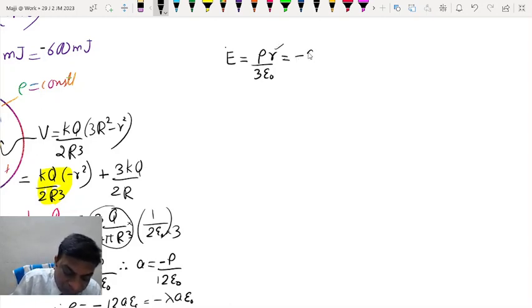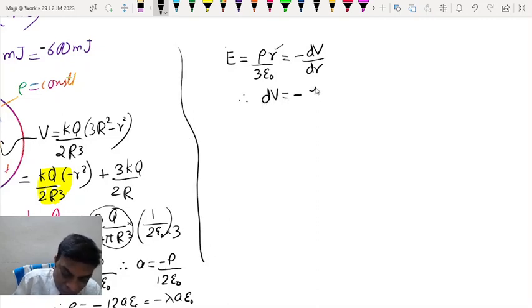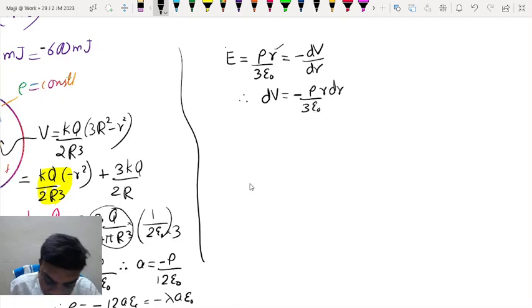And this will be minus dV by dr because we have to interlink with the potential. So I can write this as dV is equal to minus rho upon 3 epsilon 0 r dr. Now integrating both sides.